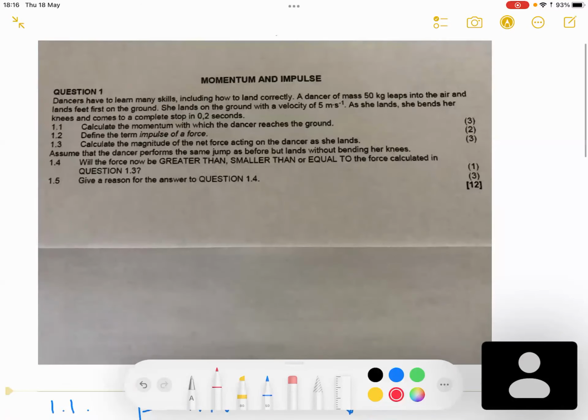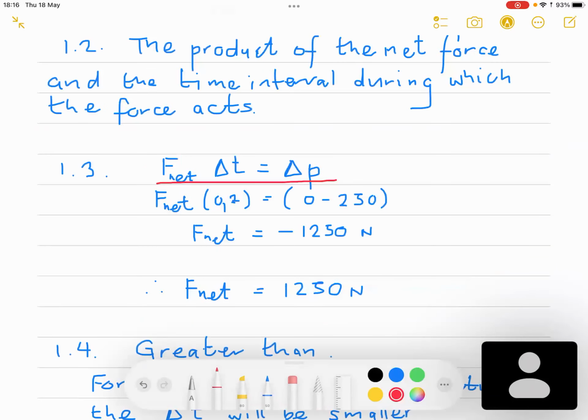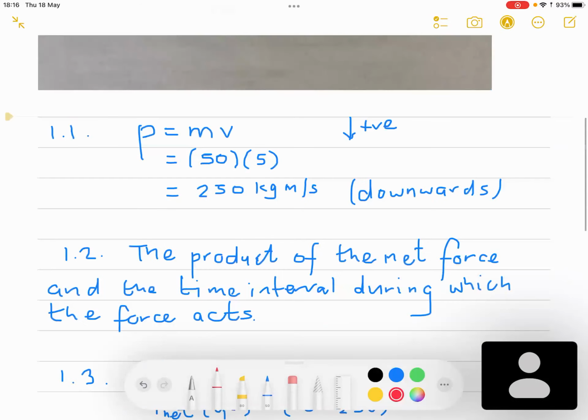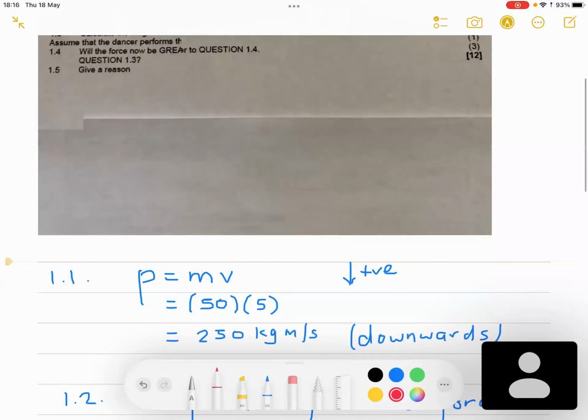And then we calculated in 1.3 the net force that acts on her when she does this. The next question, 1.4, says, if she jumps as before, but lands without bending her knees, will the force on her now be greater than, smaller than, or equal to the force we calculated?